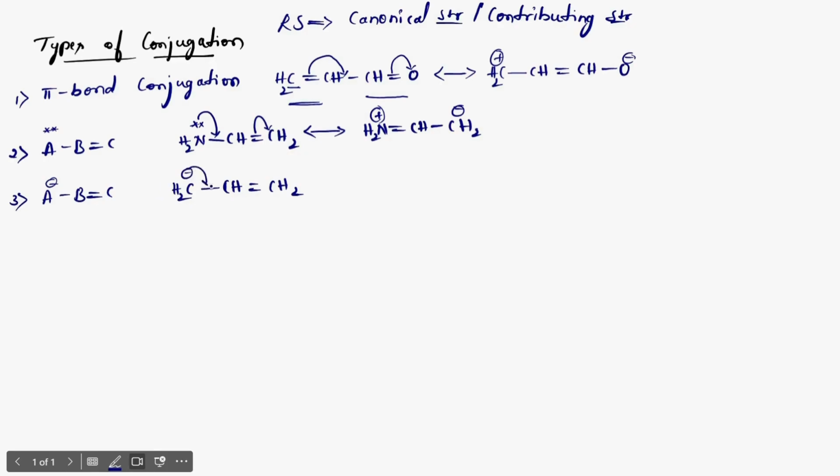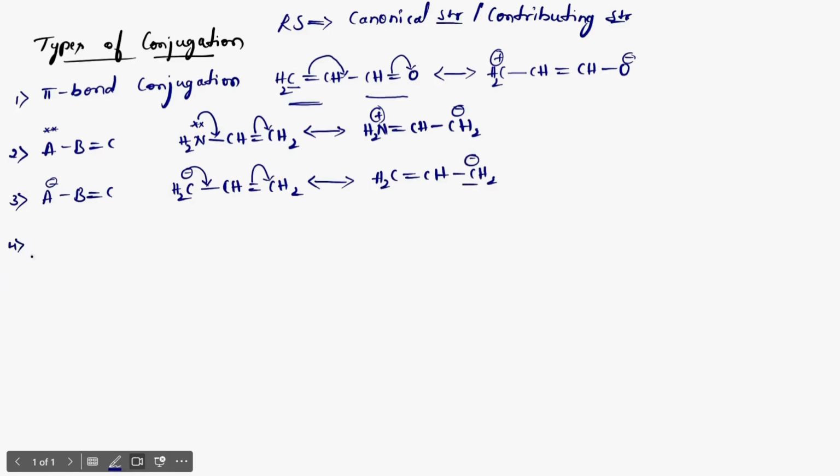This will be shifted to here and this electron is shifted to the carbon atom. So that CH2 double bond CH single bond CH2 minus, because here pi electrons are shifting towards the carbon atom, so the carbon will have a negative charge.